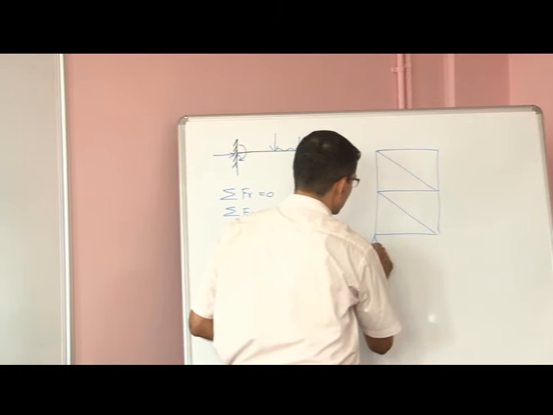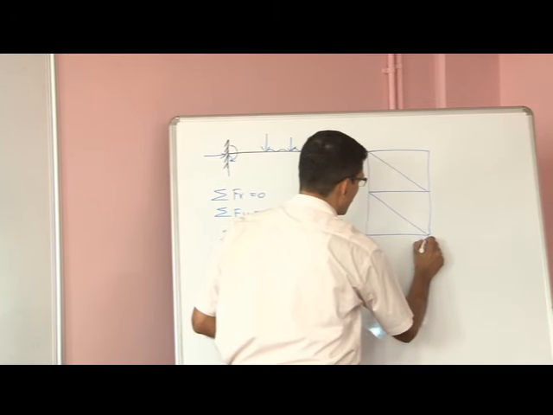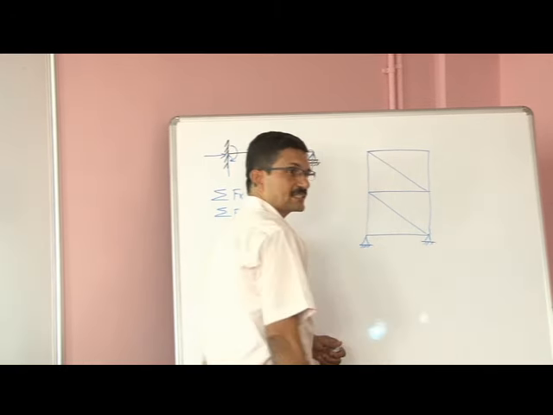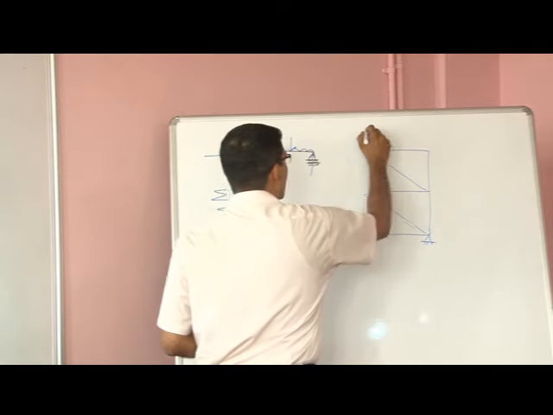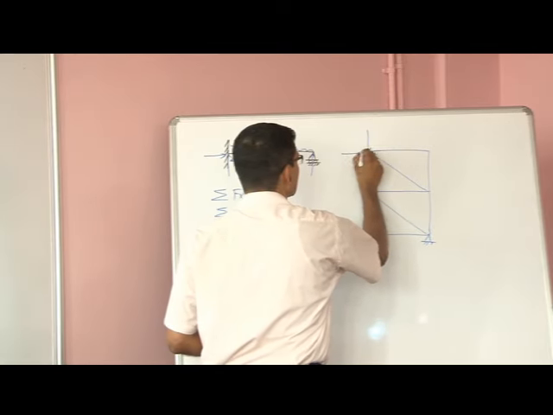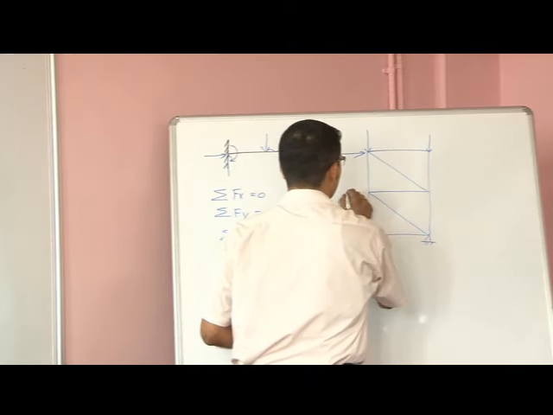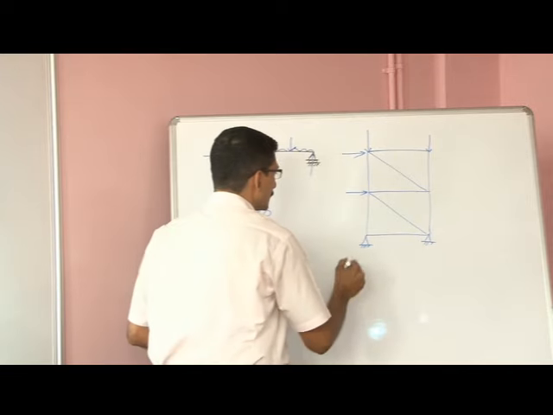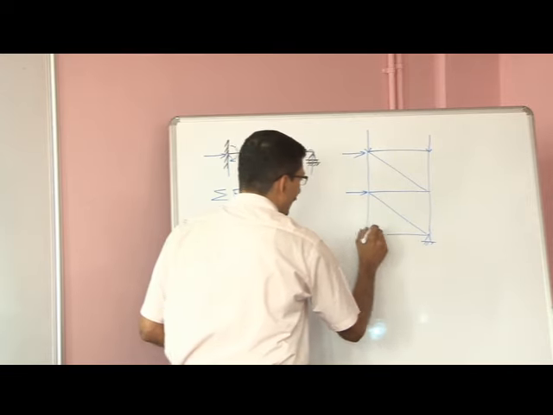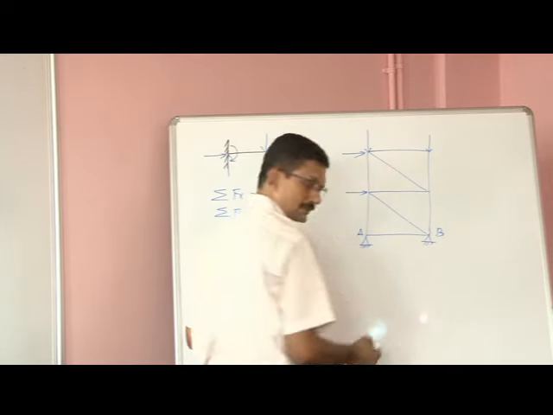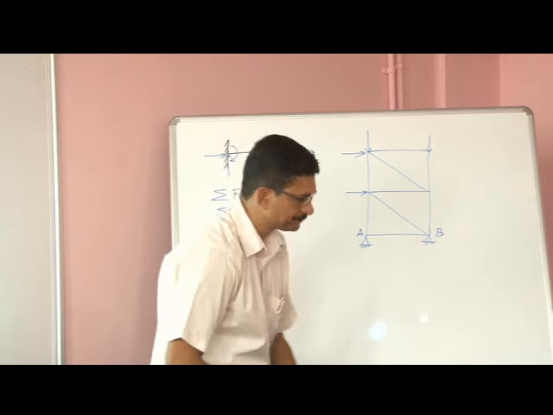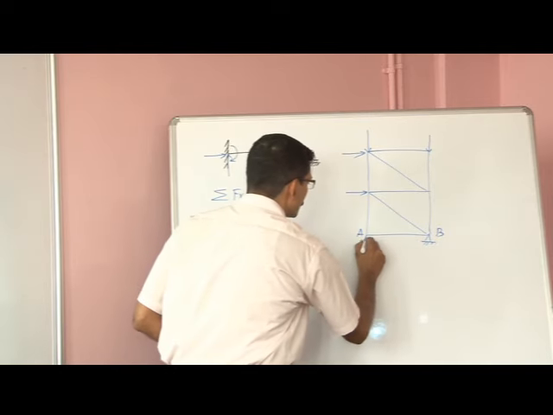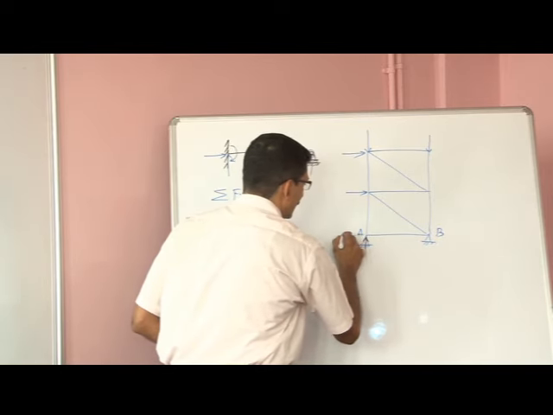With 2 supports, so 2 hinges like that, there are loads acting at the joints like this. The supports, let us call them by name, say A and B. The support reactions are, here you can expect a vertical reaction and horizontal one.